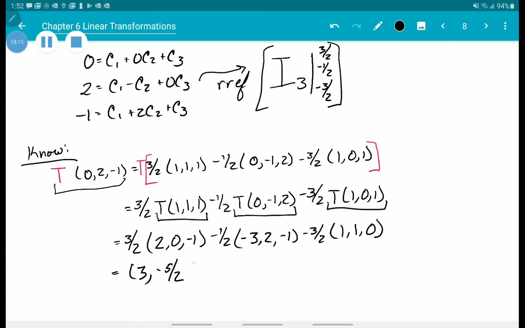And then finish your arithmetic. And there's what I got. I'm going to clean this up. That's a -5/2 in the middle. So there's our vector 3, -5/2, -1.